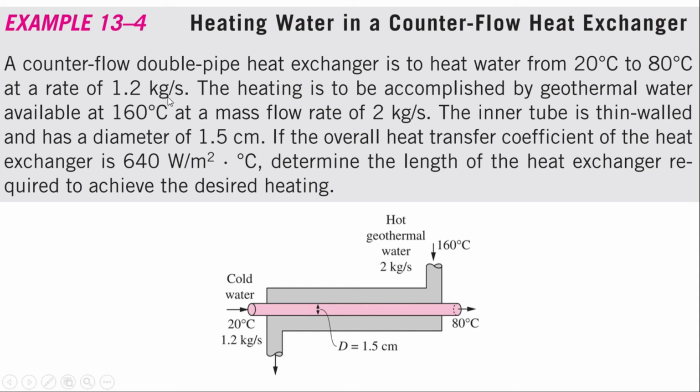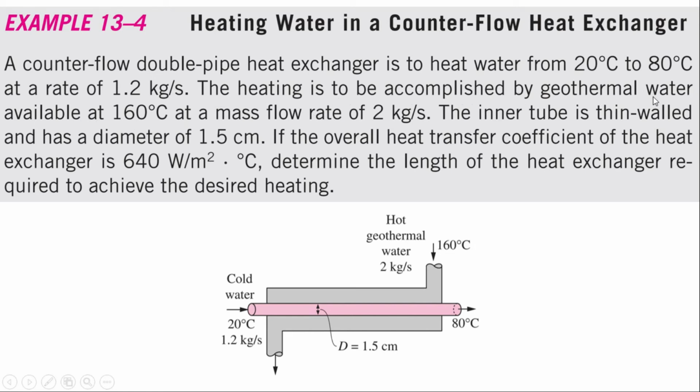1.2 kilogram per second. This is the mass flow rate, right? We have the cold water, which is initially at 20 degrees centigrade, and we have to heat it up to 80 degrees centigrade, and the mass flow rate of the cold water is 1.2 kilogram per second. The heating is to be accomplished by the geothermal water available.